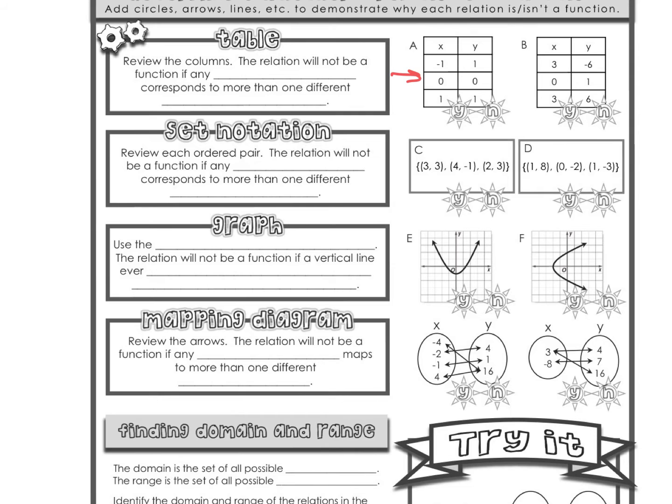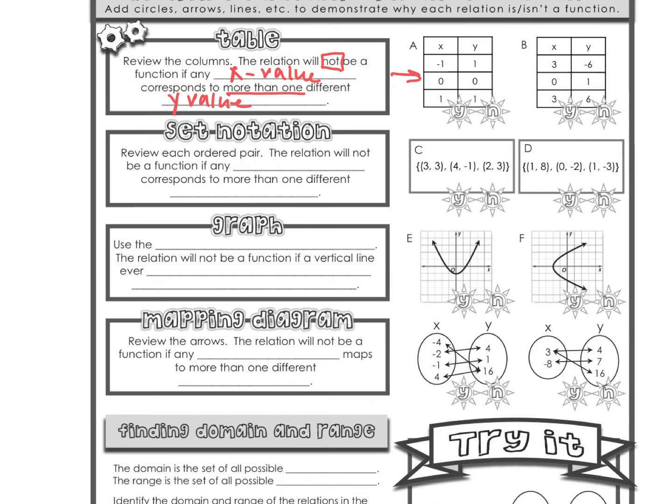That's this over here. The relation will not be a function for any x value if any x value corresponds to more than one different y value. Right?